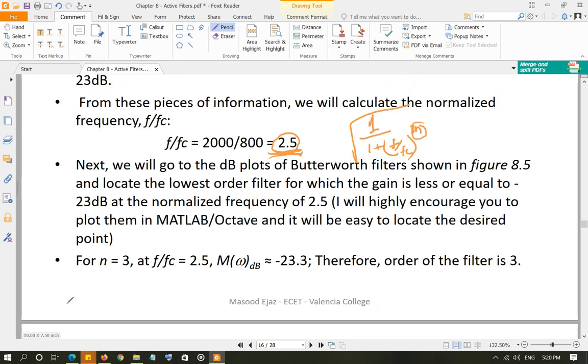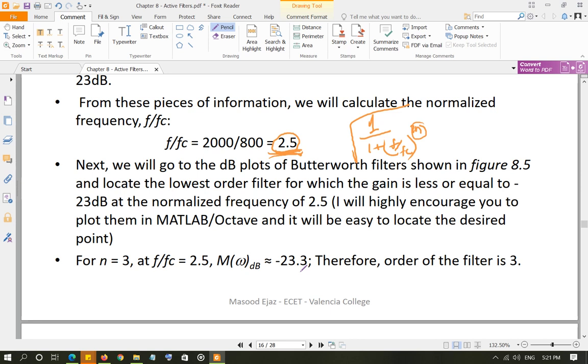For n equal to 3, as I said, at x equal to 2.5, where x is f over fc, it was negative 23.3 decibel. So it is easy to miss it because it's very close to negative 23 decibel. It's very easy to go to 4, and 4 will definitely satisfy the requirement because it's going to be less than negative 23 decibel.